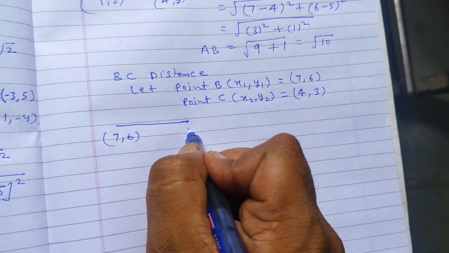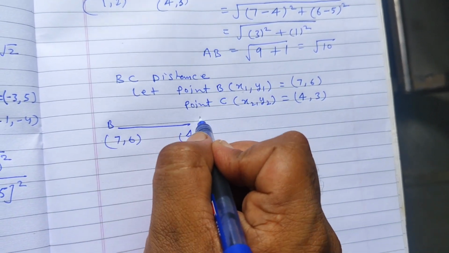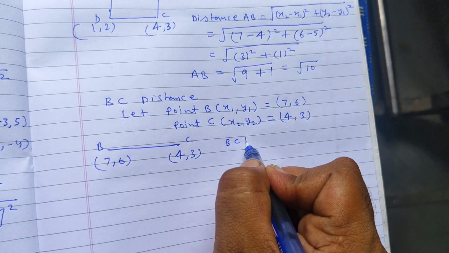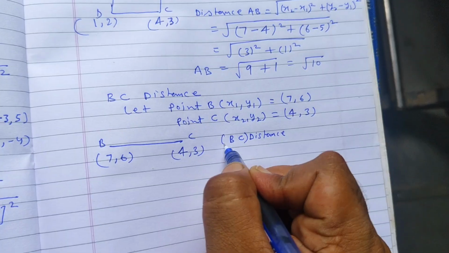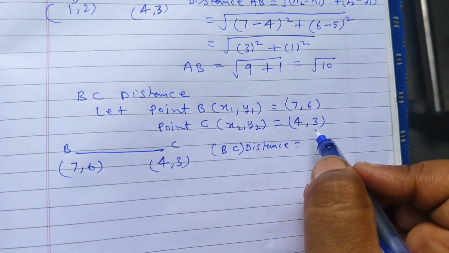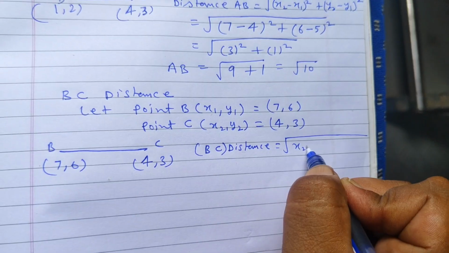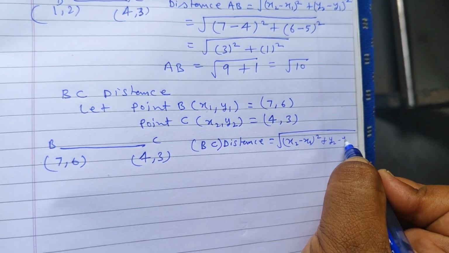BC distance is x2 minus x1 and y2 minus y1.